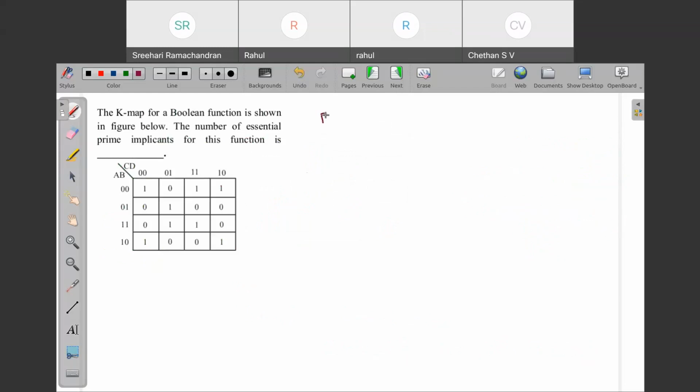Here they have asked for essential prime implicants. First, you tell me what the prime implicants are. How many prime implicants are present over here? Then you tell me what an essential prime implicant is. So this question will give you a better understanding.